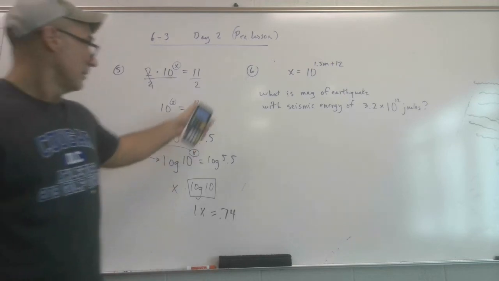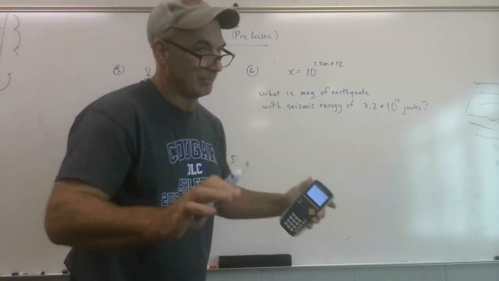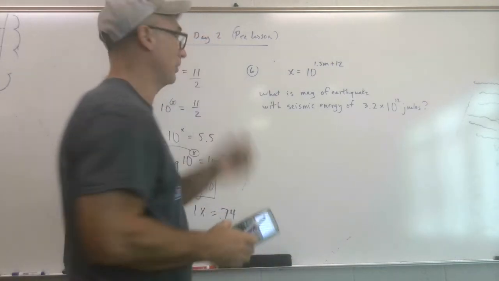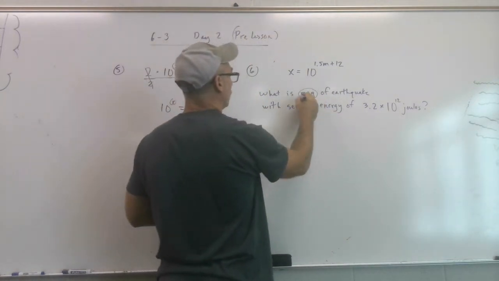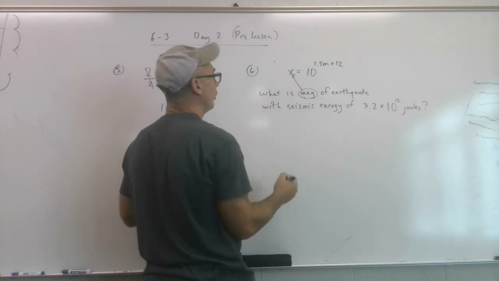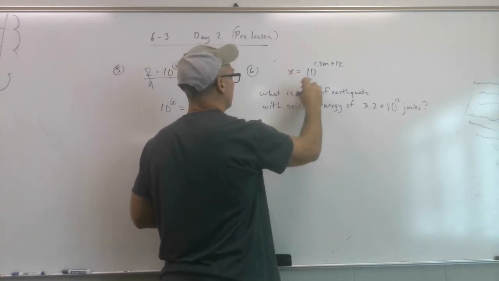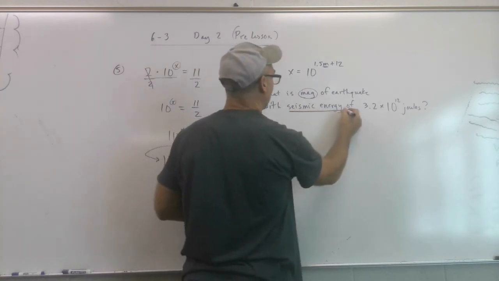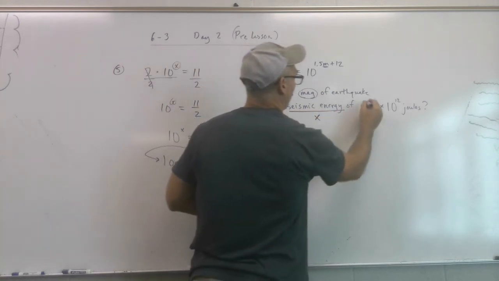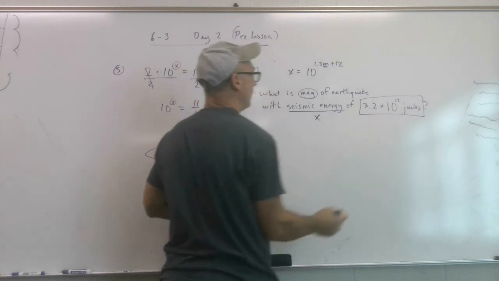There you go. So that's what this is, and this. So, last problem. Very excited about these earthquake problems. I, again, didn't know about that formula. What is the magnitude? That's x. Nope. See how excited I am? That's m. Of an earthquake with seismic energy, that's x, of that many joules.